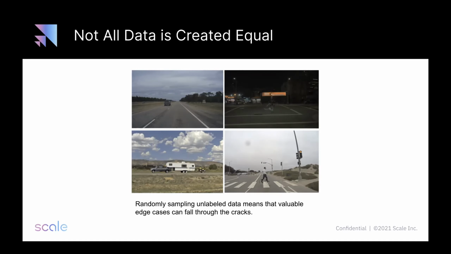But the reality is that because data follows a long tail distribution, there's also a similar inverted long tail in value. Common data, for example in the self-driving setting, going down a highway in a relatively common environment, might be exponentially less valuable than seeing an RV in an unusual pose, or something your model has struggled with in the past.